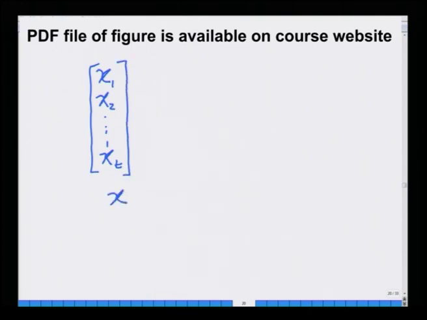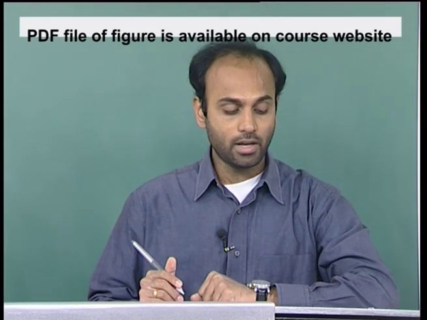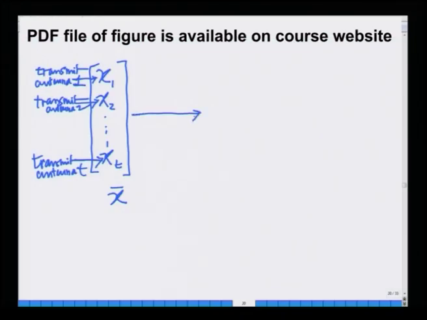This is a vector x bar, where x1 is the symbol transmitted from transmit antenna 1, x2 is from transmit antenna 2, and xT is from transmit antenna T. So, there are T symbols being transmitted from the T transmit antennas in parallel. These pass through the MIMO channel.